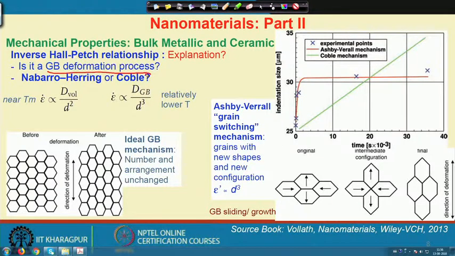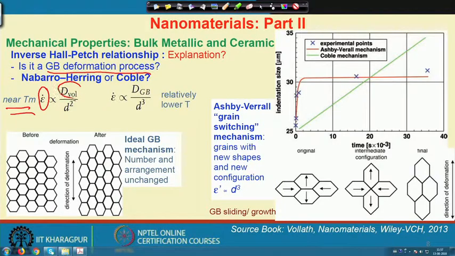We have known that for higher temperature deformation, near melting temperature, the strain rate is proportional to the volume diffusivity and the square of the grain diameter. Okay. Whereas, in case of Coble creep, the strain rate depends on the grain boundary diffusion and d cube, okay, a cube type of relation.